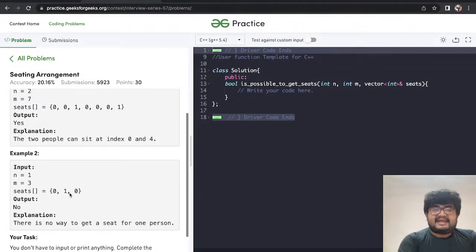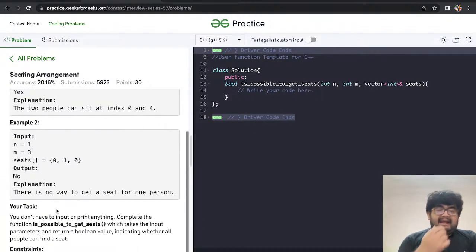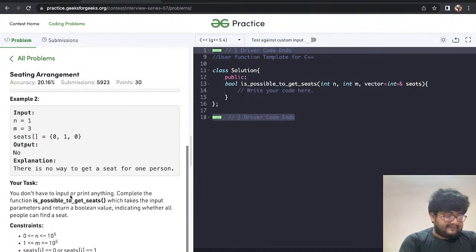In this case we cannot make any person sit anywhere. If we make him sit here, this person will be blocking the other person, so the answer will be no in this case. We have to print whether it's possible or not possible. The only condition is that two people cannot sit next to each other, nothing else.